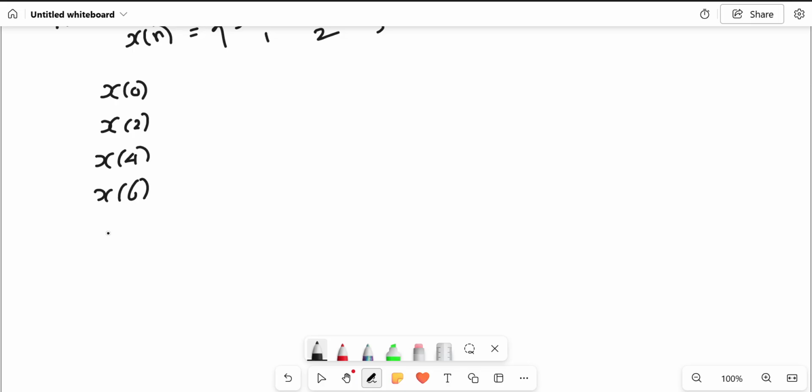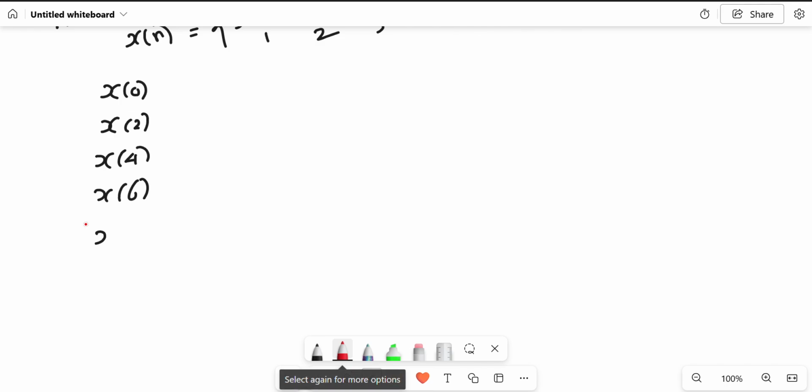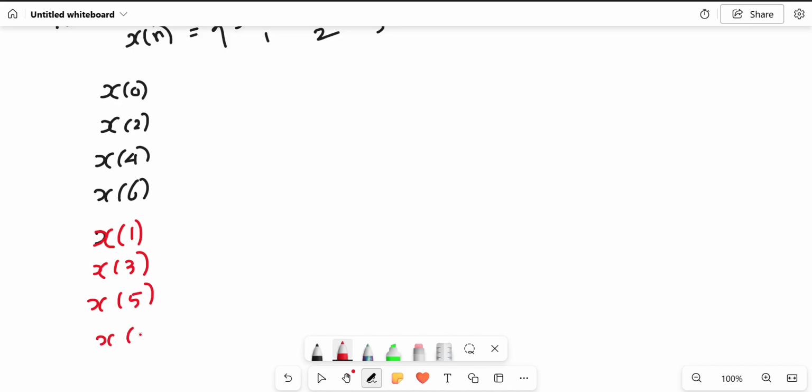Then the odd functions are x of 1, x of 3, x of 5, x of 7.